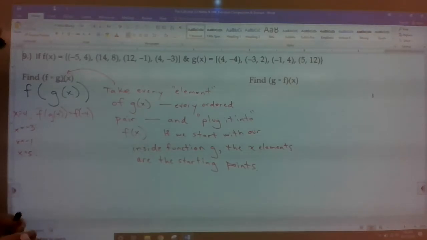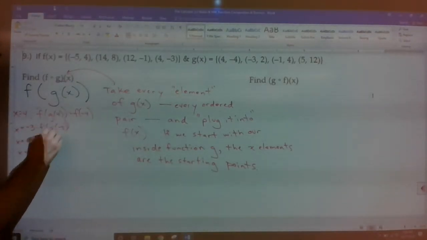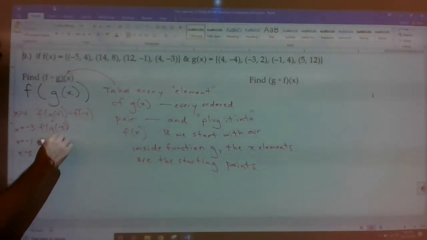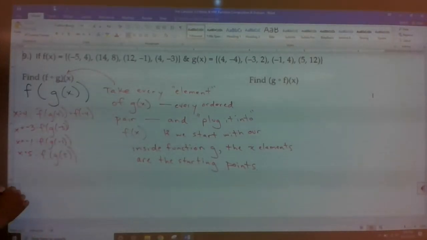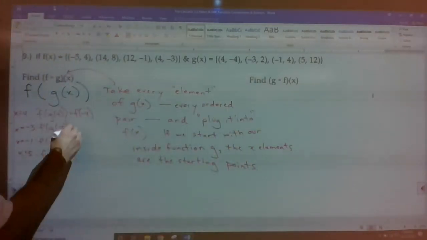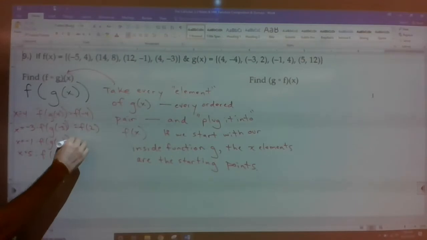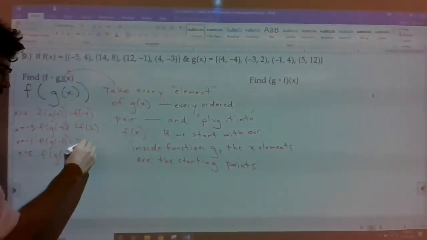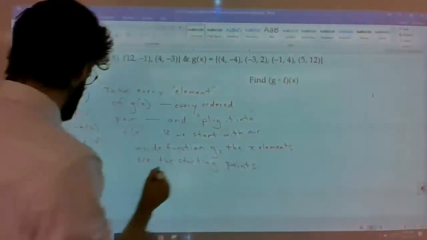So let's do that with each of these. You're doing f of g of -3, f of g of -1, f of g of 5. -3 gives you 2, so that g of -3 gets totally replaced with 2. The -1 gets replaced with 4. And the g of 5 gets replaced with 12.